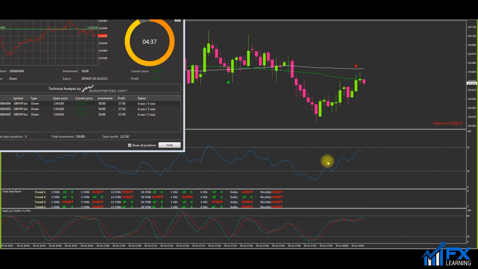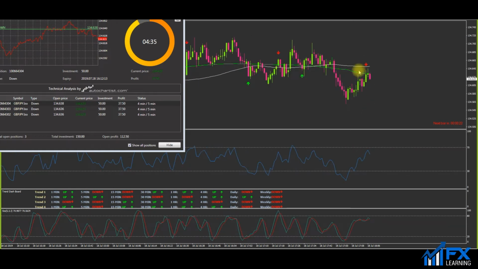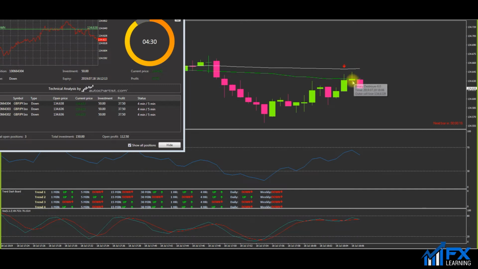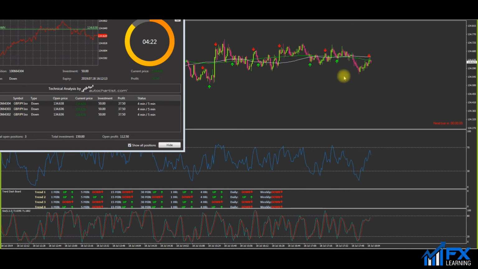Okay, now this here is a risky setup, but the reason why I entered this was we got this candlestick pattern right off our green BD line. Now let me just explain to you what's happening here. As you can see, price isn't really trending. It's just going sideways.